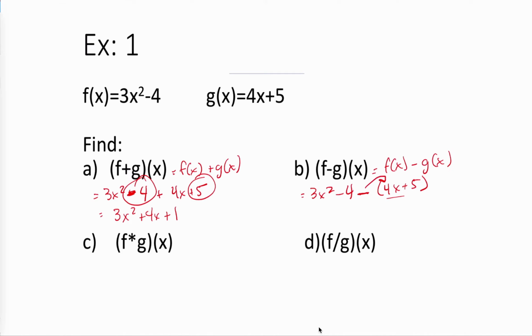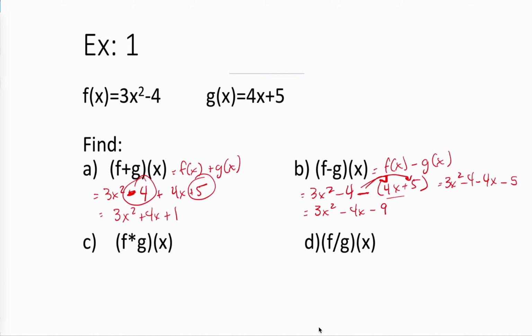You need to distribute this negative. So this is 3x squared minus 4 minus 4x minus 5. Distribute your negative. And then we combine our like terms again, and this is 3x squared minus 4x minus 9.